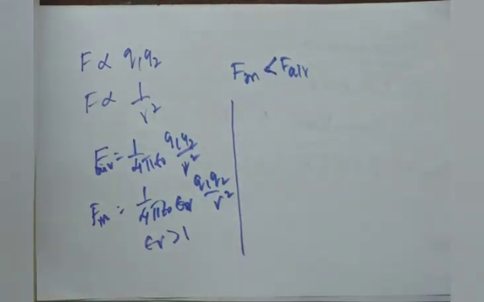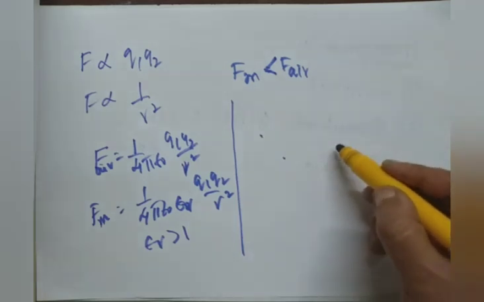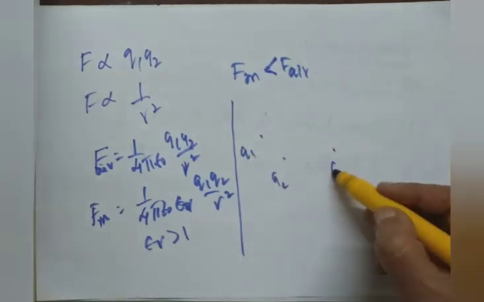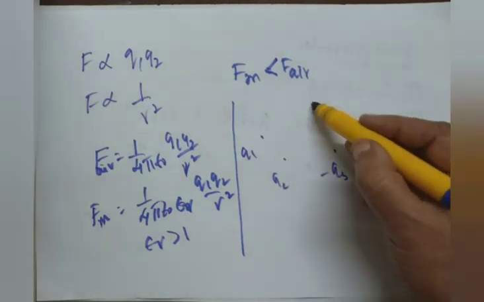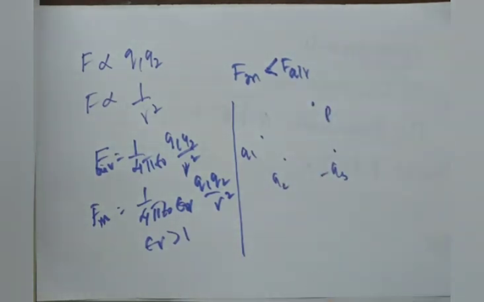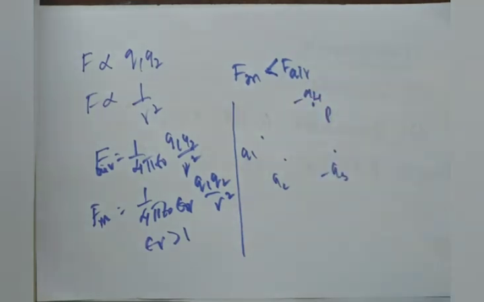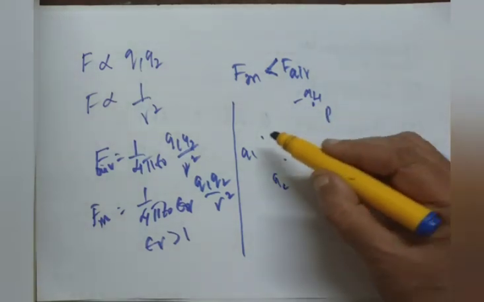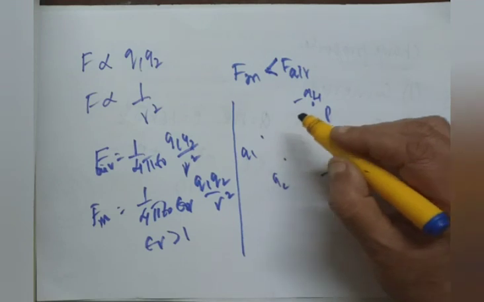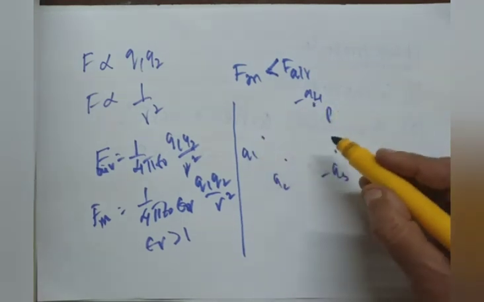With this idea, whenever there are more than two charges, we have to apply the principle of superposition. What do you mean by the principle of superposition? When there are many charges like this, Q1, Q2, Q3, say at point P, the net force on some Q4, with minus sign or plus sign, according to the principle of superposition, is just the vectorial sum of the forces between them.